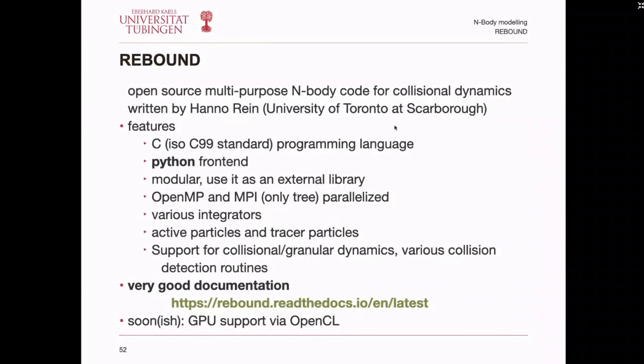The problem here is, if you want to add modifications or your own modules in the code, then I would advise you to use the C version, or use the Python version with a Python to C interface, so you can add your own physics in a fast program, because normally Python is not as fast as compiled C. So you can either use Cython, the C-compiled version of Python, or directly use the C interface.